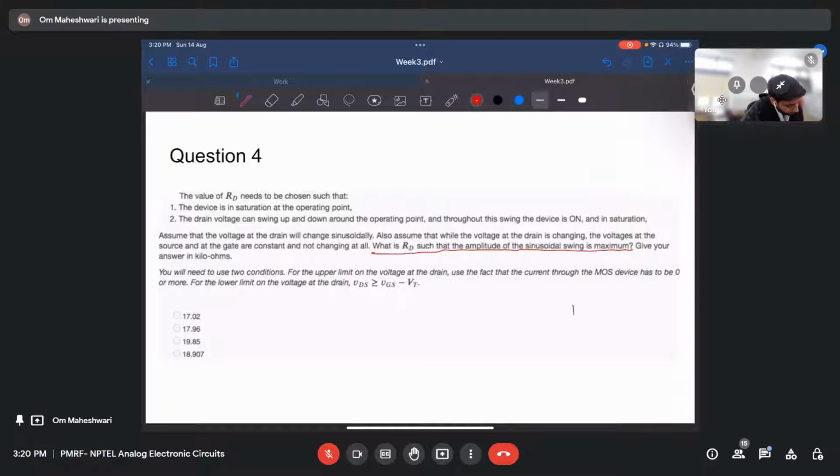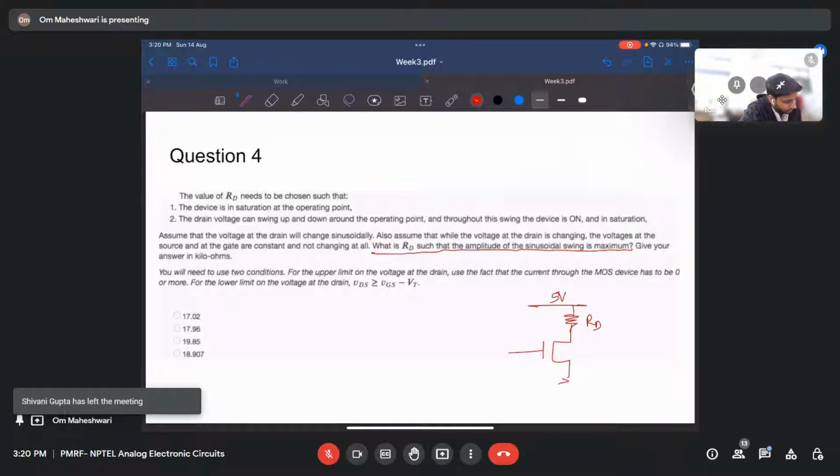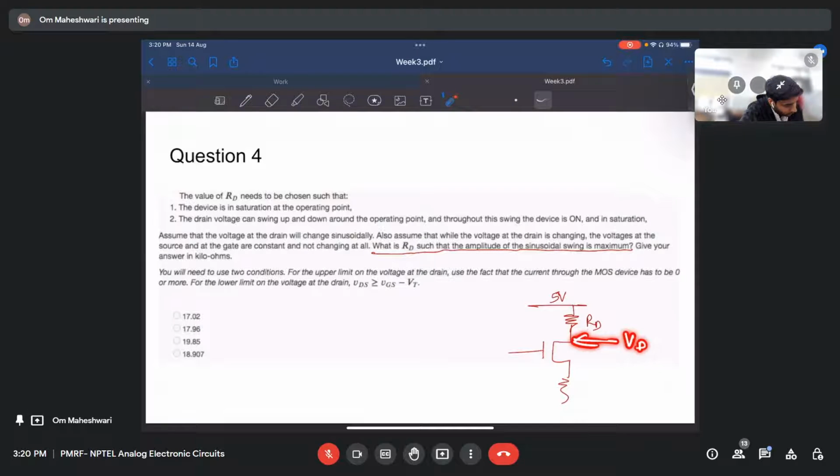Let me draw here. So let's say this is VDD 5 volts, this is RD, and this is the MOSFET, right? This is some other circuit. I'm not drawing that. So here we have VD and this is RD, right? So what they are saying is at VD, it is swinging.